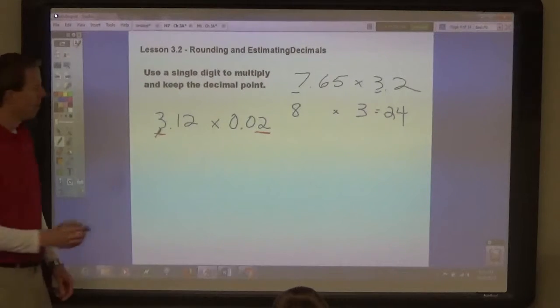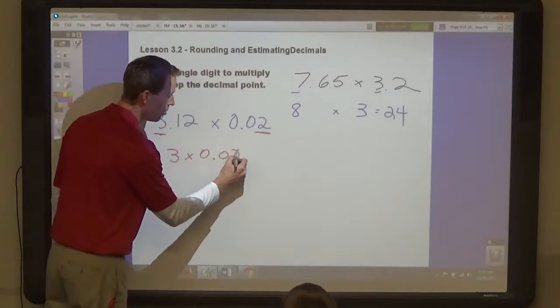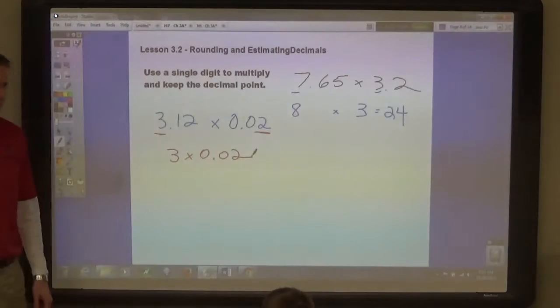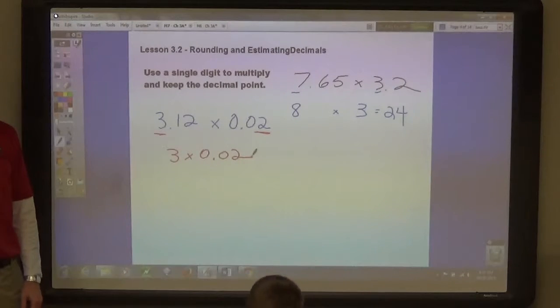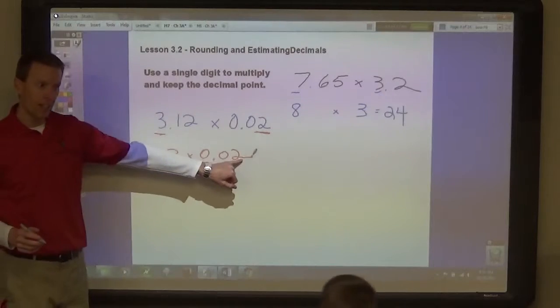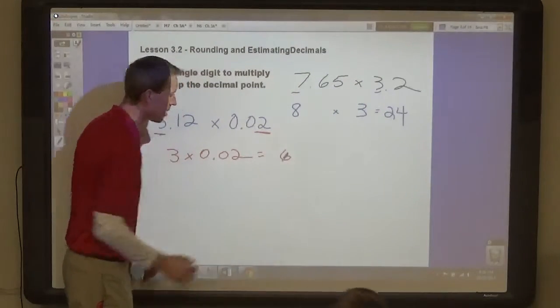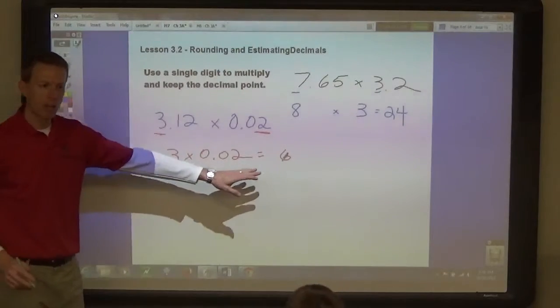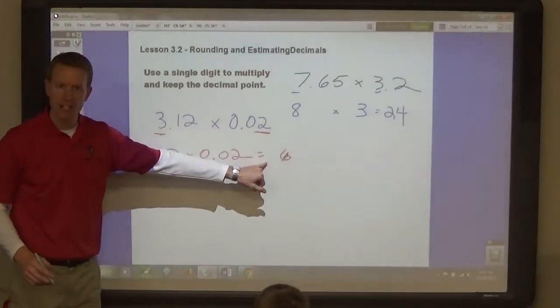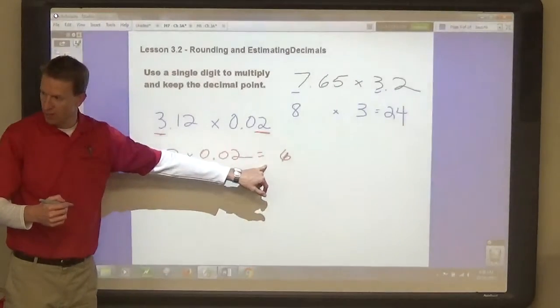Okay? Now, can you do 3 times 0.02? You can. It's not that hard. First you do 3 times 2, which is 6. Then, whenever you're multiplying by a number behind the decimal point, you move the decimal point over.